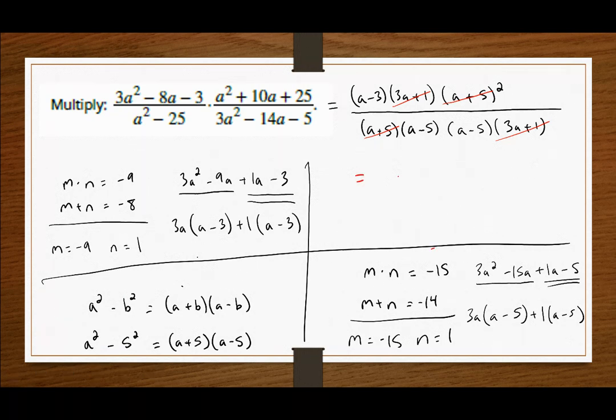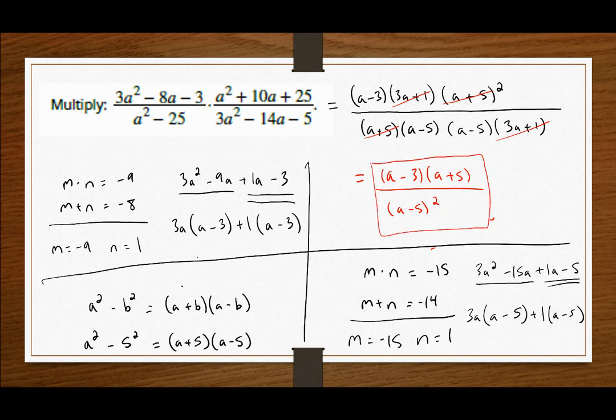My final answer here then is going to be a minus 3. I do still have another one of the a plus 5 values, the binomial here. So a minus 3, a plus 5 divided by a minus 5 squared. Since there's 2 of these, we can rewrite it as an exponent. So there finally I get my solution.